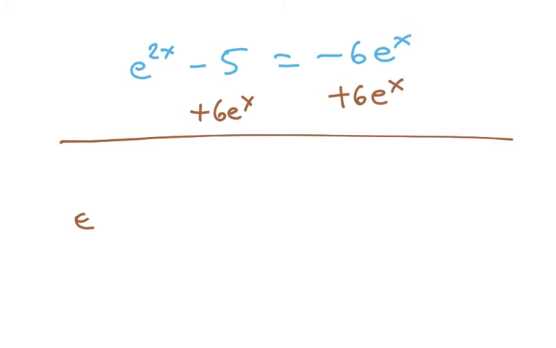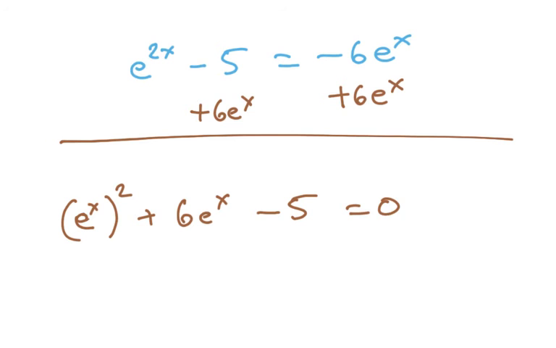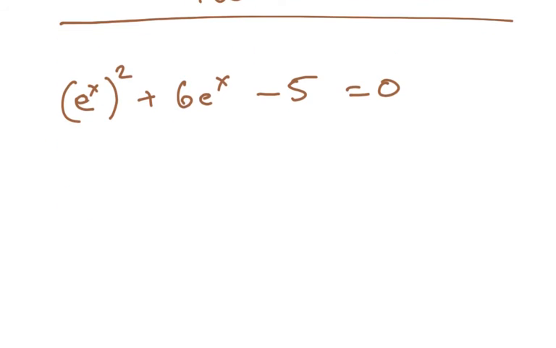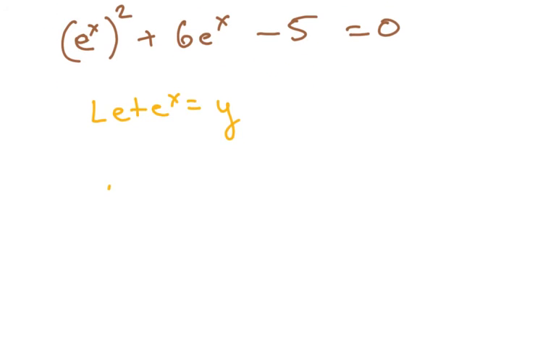I'm going to rewrite it as e to the x squared, because we said when we raise something to another power, we multiply, plus 6 e to the x minus 5 equals 0. All right, now what am I going to do? I'm going to let e to the x equal a letter. I'm going to use y again. So we get y squared plus 6y minus 5 equals 0.